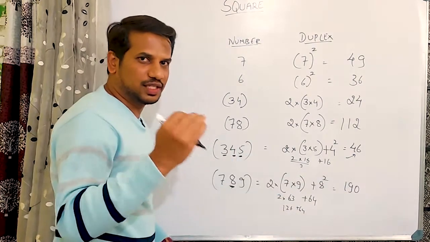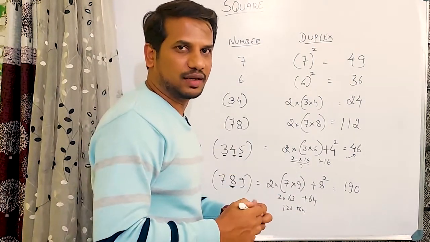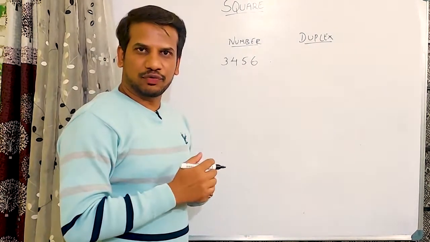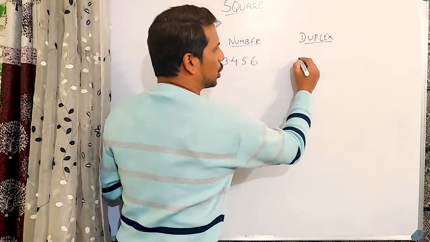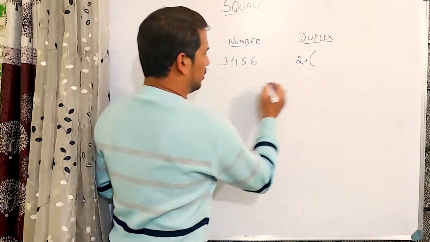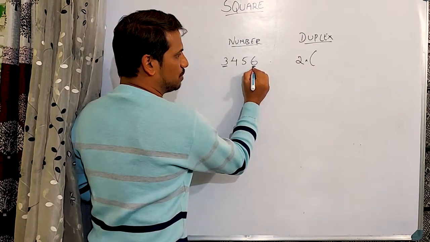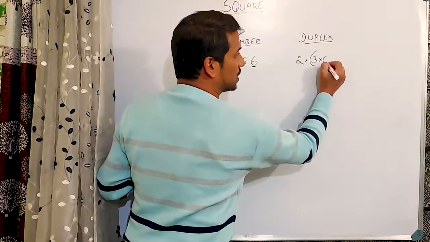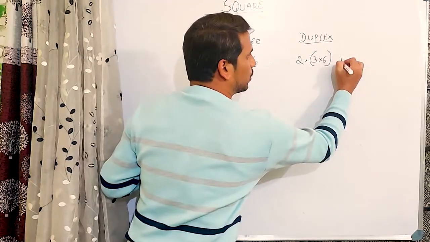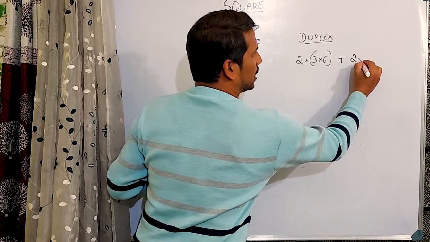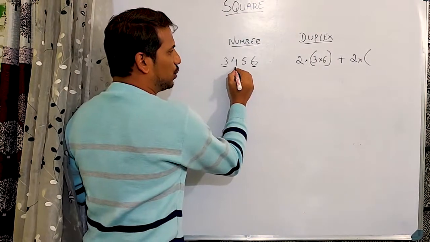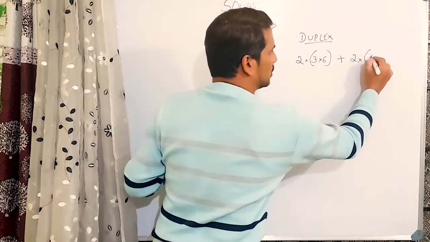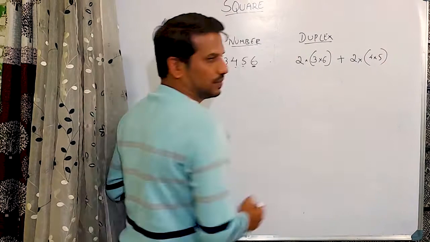So let's see for 4 digits and 5 digits and move on to the trick. Duplex of a 4-digit number is nothing but twice, now observe, you need to take these two numbers which are two extremities, that is 3 and 6, 3 into 6. Now remember, you need to add it to twice the product of 4 and 5, that is 4 into 5.